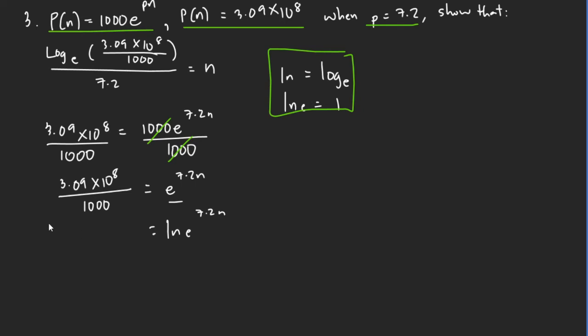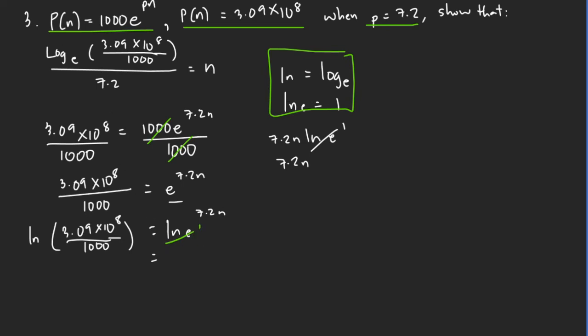On the left, since we use ln, we can also write ln of 3.09 times 10 raised to 8 over 1000. Okay? So again, if you use ln of e raised to any exponent, the exponent will go down as a coefficient, and then we have ln of e. So ln of e is also equal to 1. So we are left with 7.2n on the right side. So this one will be cancelled out.